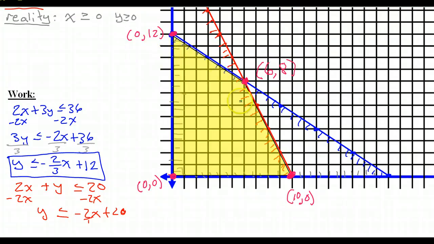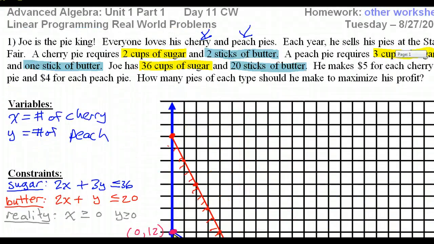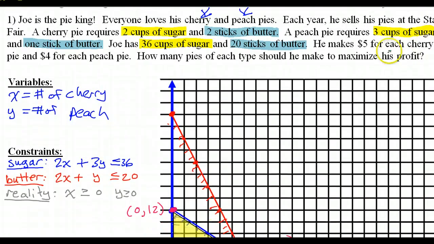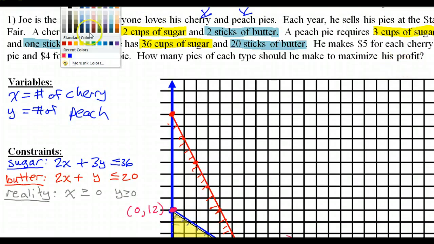Now we need to substitute those into our objective function, but so far we haven't written the objective function, so we need to do that. So what is our objective? To maximize profit. So we need a profit equation. So the profit equation is going to run like this.